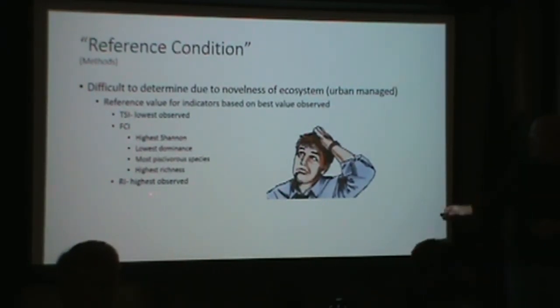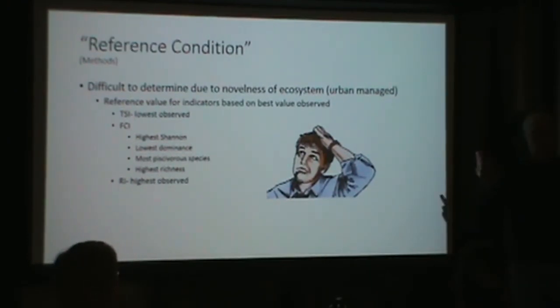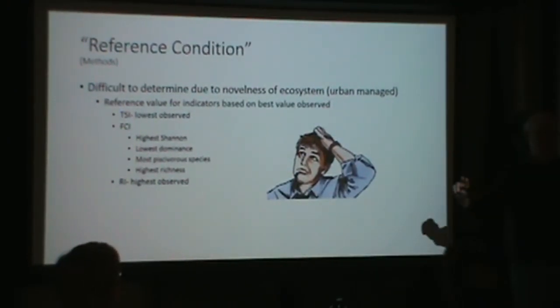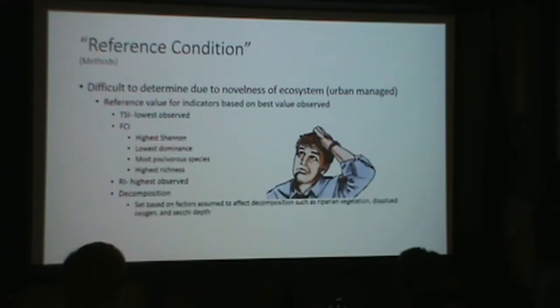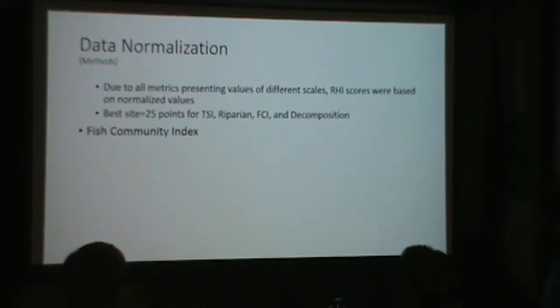For each component of the index, we look at the best condition in the 6 resacas, which was the best for decomposition, this one. So this is a reference here. Which was the best for the fish community, this one here. So that's our reference here. So we compose an imaginary reference resaca based on the best metrics of all resacas, and we compare all against that. And it worked. It was very interesting.